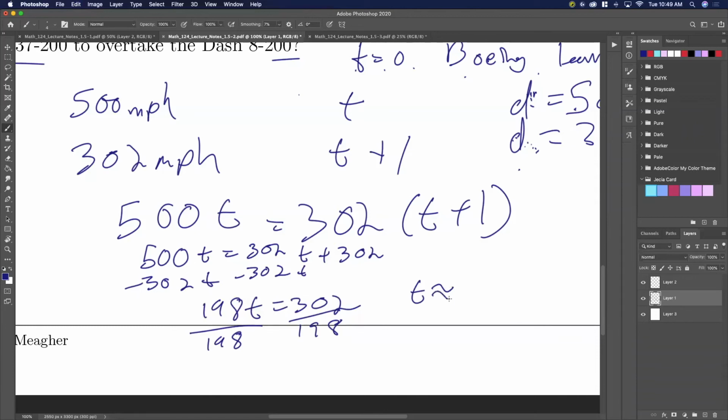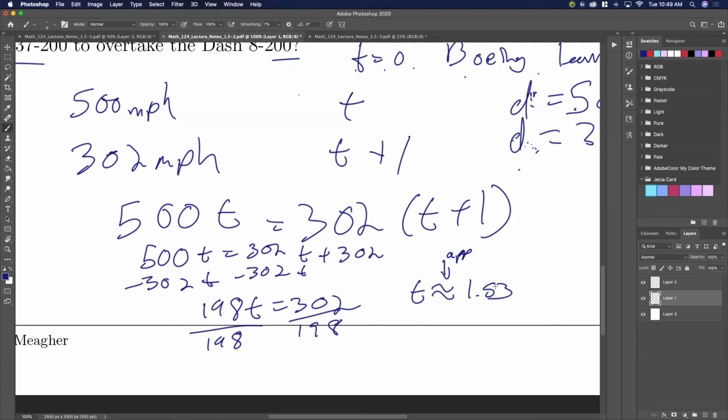You guys know that this symbol means approximately, where you see the little wavy lines. So this is approximately 1.53. And so you just say it's 1.53. You can check it. Seeing how we're almost done with class, I'll just tell you it's correct, right?